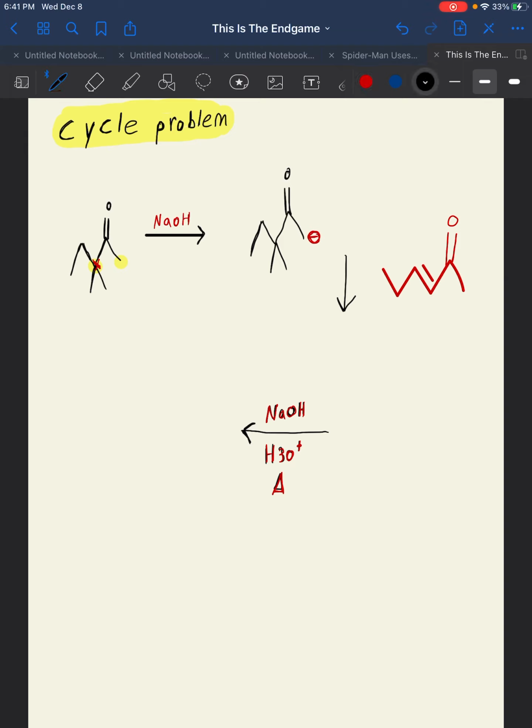Now when we react it with this molecule right here, you might get a little confused. However, just remember back to your basics and know that this can resonate like that, opening up the orbital. This can then come in and attack. It's going to look like a really nasty product.